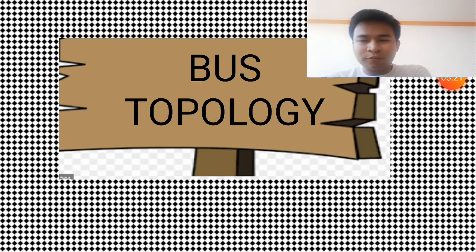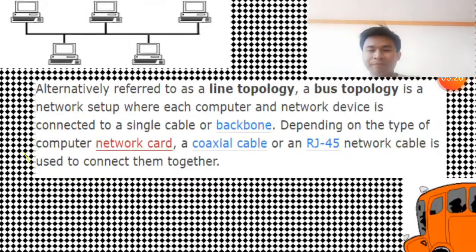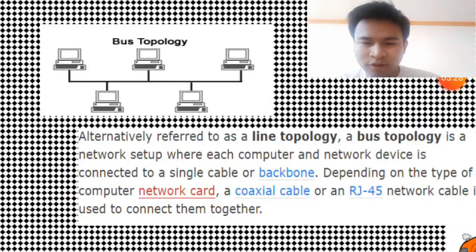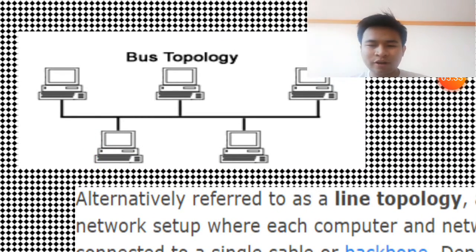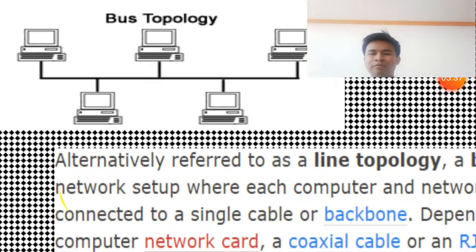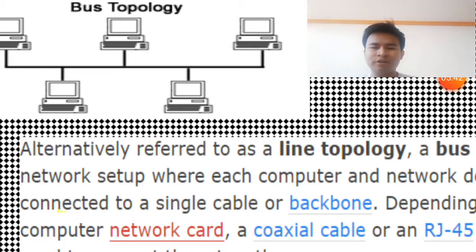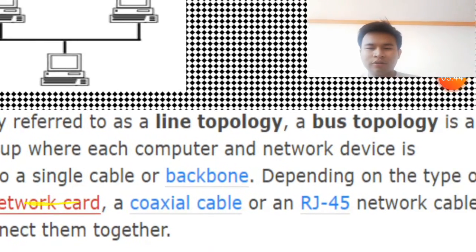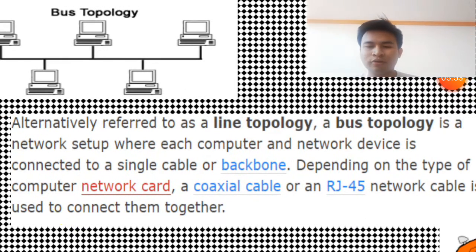So, the types of network topology. First is bus topology. As you can see in this image, they have five computers and a coaxial cable or RJ45. Bus topology is referred to as a line topology. A bus topology is a network setup where each computer and network device is connected to a single cable or backbone.